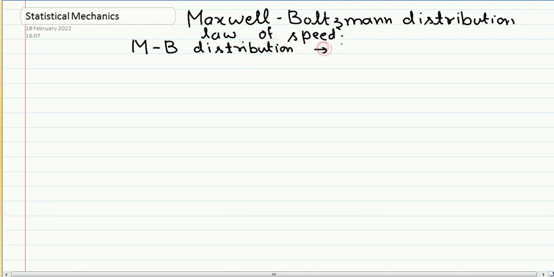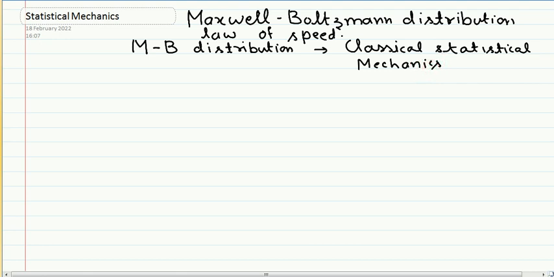It is part of classical statistical mechanics. So we already have the Boltzmann canonical distribution law, and we will use that law.